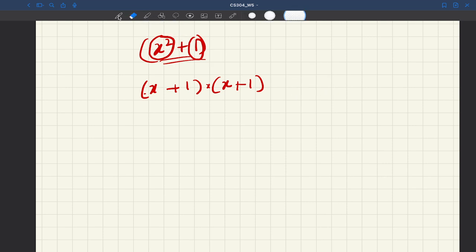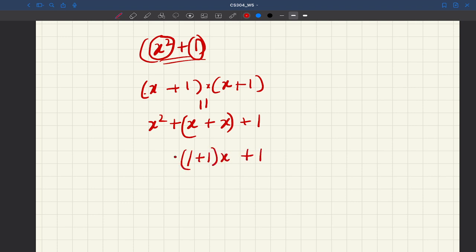So let's expand these two polynomials. If I expand them, what I'll get is x square, x, x, plus 1. So this is what I get if I multiply these two polynomials. Now if I combine these two degree terms, I will get 1 plus 1 times x, and here I have plus 1 and here I have x square. Now I am not writing it as 2, I am writing it as 1 plus 1. Why?